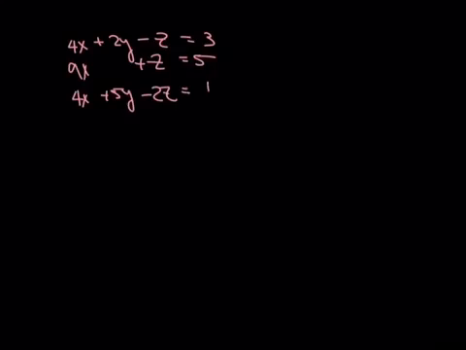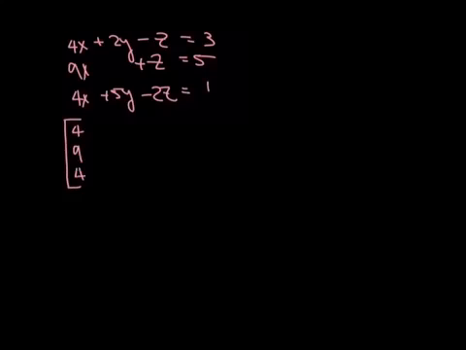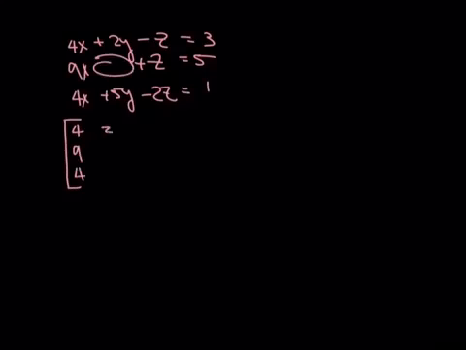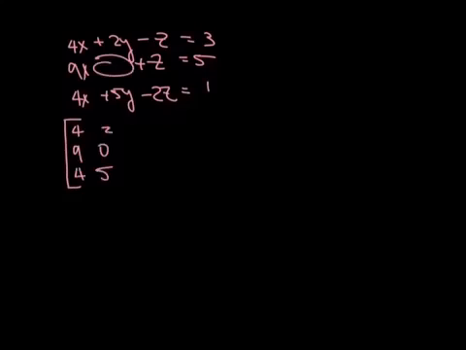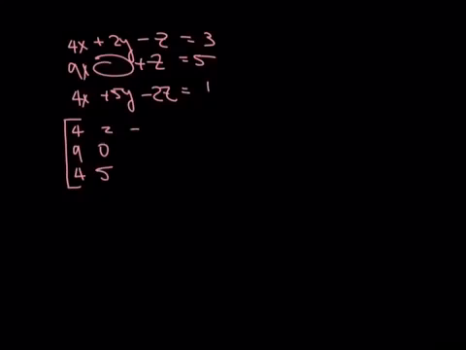First thing we're going to do is write a matrix equation equivalent to this system. We're going to take all the coefficients and give them their own matrix. I don't have any y's there, so I put a 0 there. I've got to have something to fill in the space.